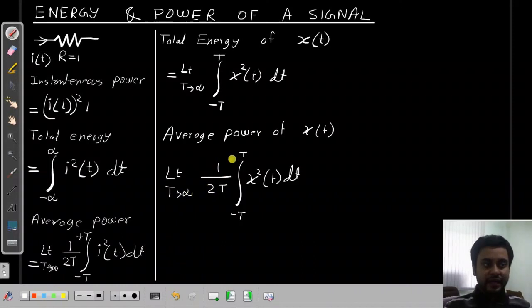Again, this physically need not represent power in watts, but this is the mathematical definition of power of any signal or any function.